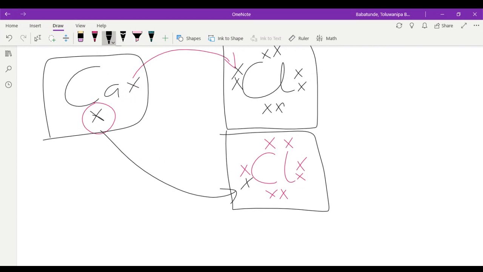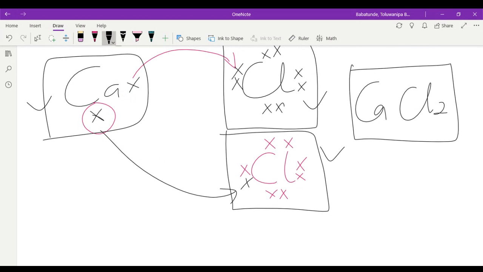Right, it's okay because it's willing to lose just 2 electrons. So everybody is okay now. So what we do is we count the number of atoms as usual. We have 1 of Ca, and we have 2 of chlorine. So that is how we solve our problems.